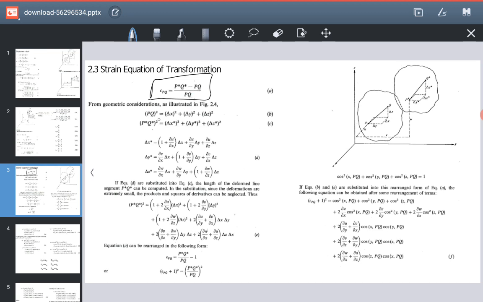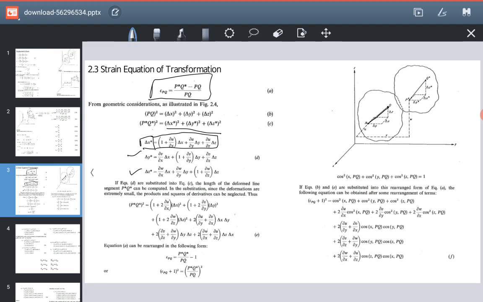Nothing to explain here. So PQ is actually x square plus y square plus z square. It's simple. This is just simply the expression, and for P star Q star this will be the expression. ठीक है. And now the delta star will be equal to 1 plus du upon dx delta x, du upon dy delta y, du upon dz delta z, which is simply the Taylor series. ठीक है. Similarly for y we have, for z we have this.